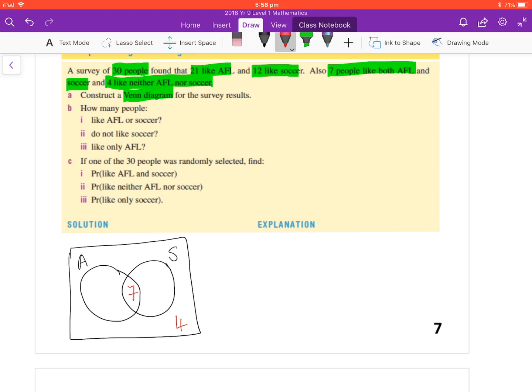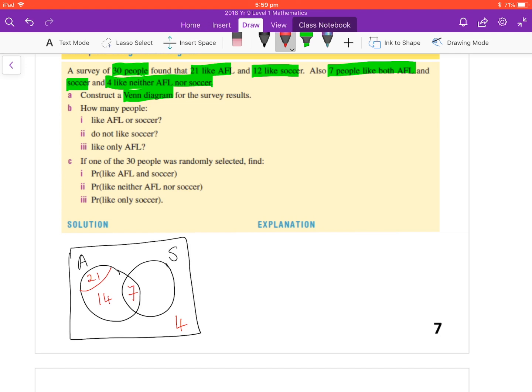Now I'm going back to what the question actually said to me, because they've told me that there's 21 that like AFL. But did they use the word only? No, they didn't. So that 21 actually includes the 7. So 21 take 7 gets me 14. So that means only 14 people like AFL only.